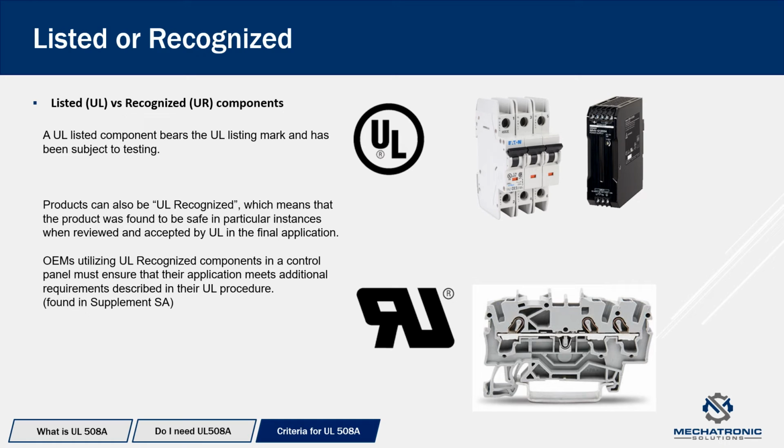So that's a supplement to the UL508A standard. For instance, here, the circuit breaker shown and the power supply are both UL listed, where the terminal blocks that you find in many control panels are recognized, and the recognized symbol is that backwards UR for some reason.